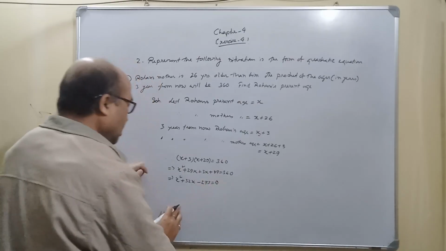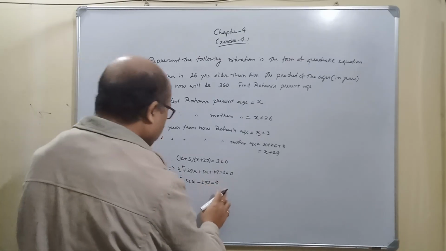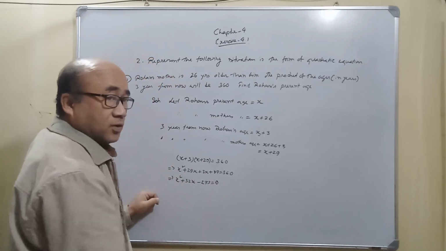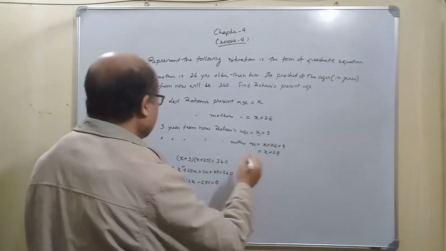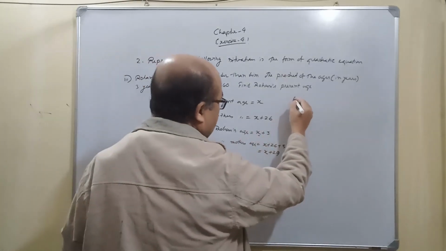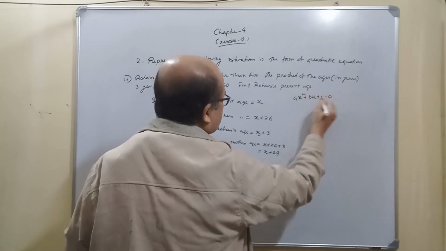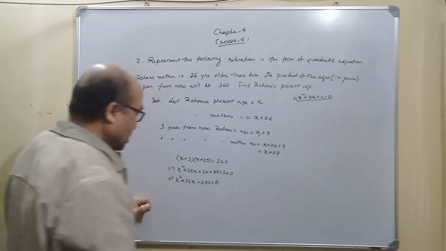Equal to 0. So this is an equation in the standard form of a quadratic equation, ax square plus bx plus c equal to 0. This is the standard form of a quadratic equation.